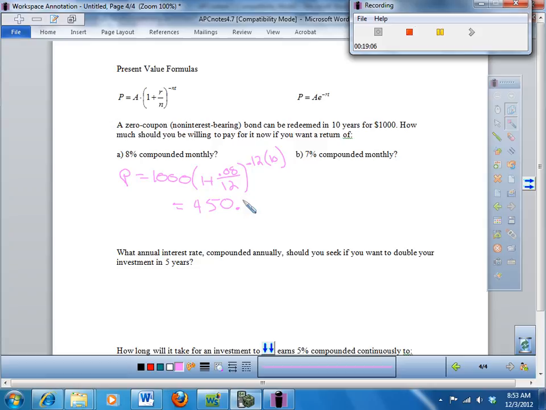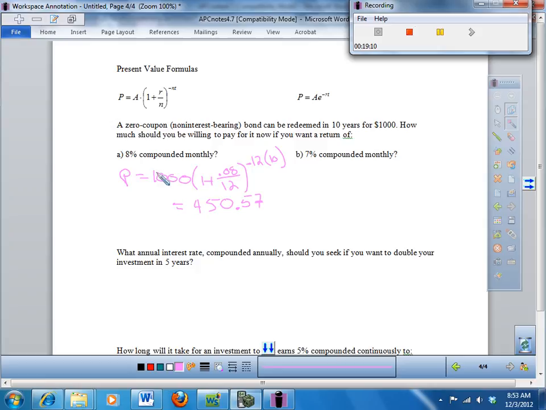Because really what you're doing, that makes it so that you're dividing rather than multiplying. You know how a negative exponent is 1 over that? It allows you to solve for this instead of putting this over here and then solving for this. So it just tells you how much money you have to put in.